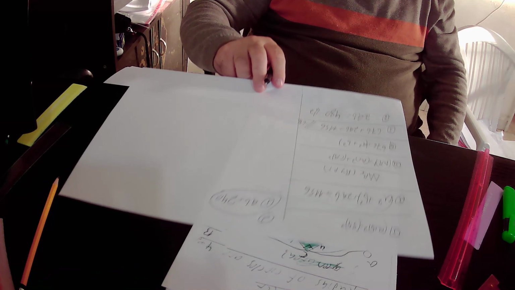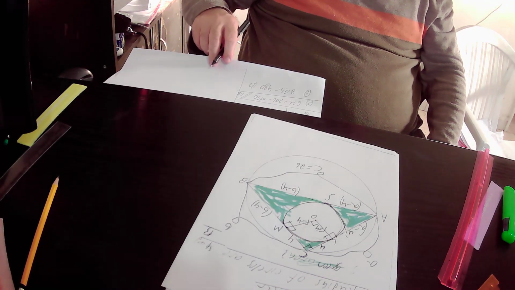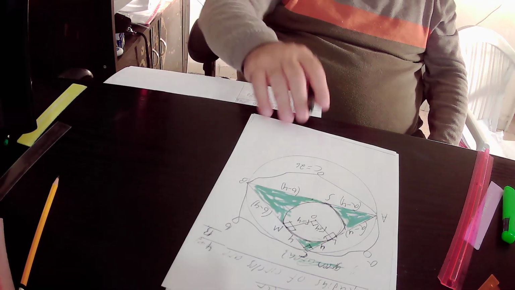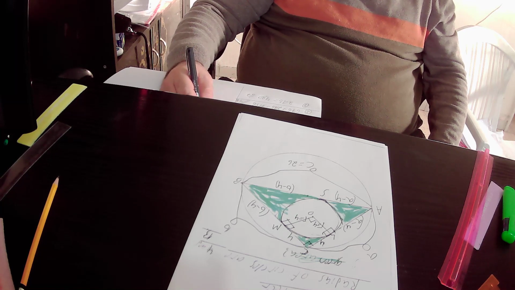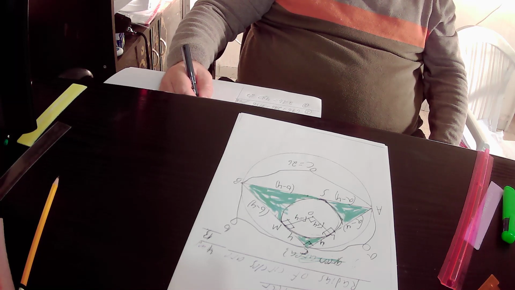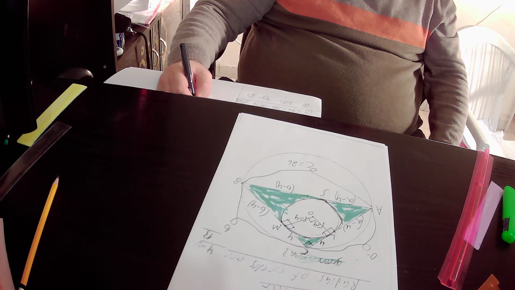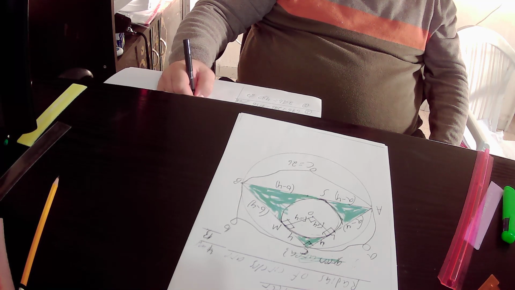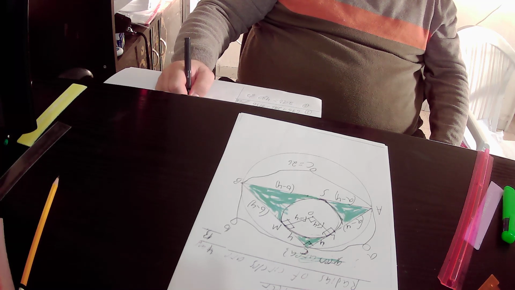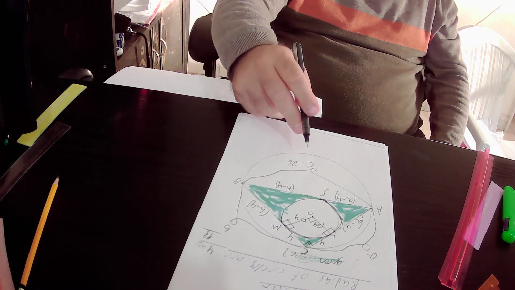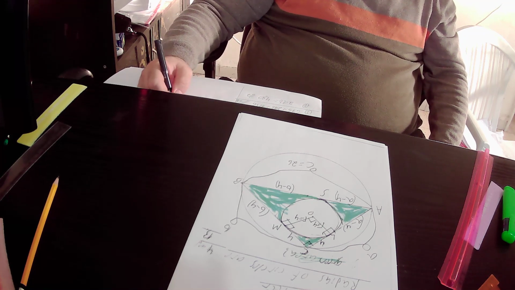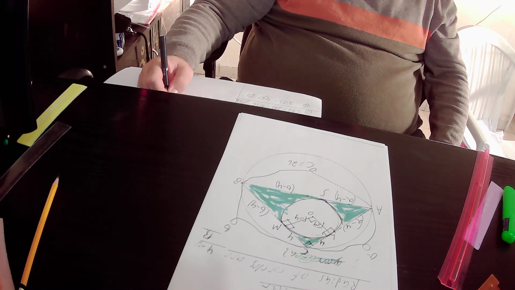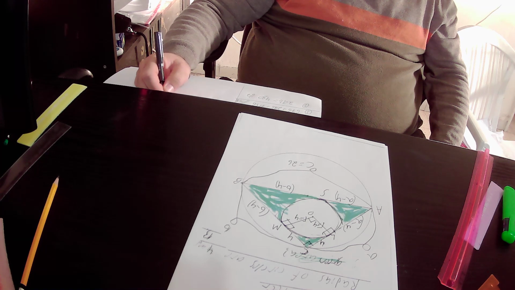And what is the area of the blue shape? From the drawing it is very easy to see that the area of the blue shape is equal to the area of the triangle ABC minus the area of the small circle.